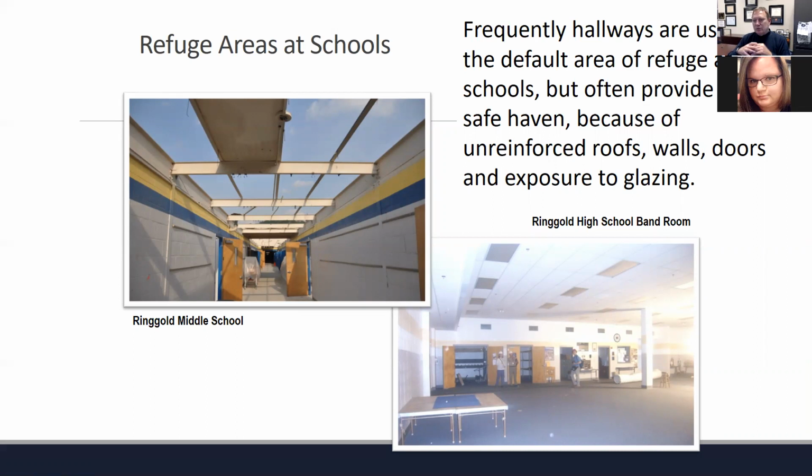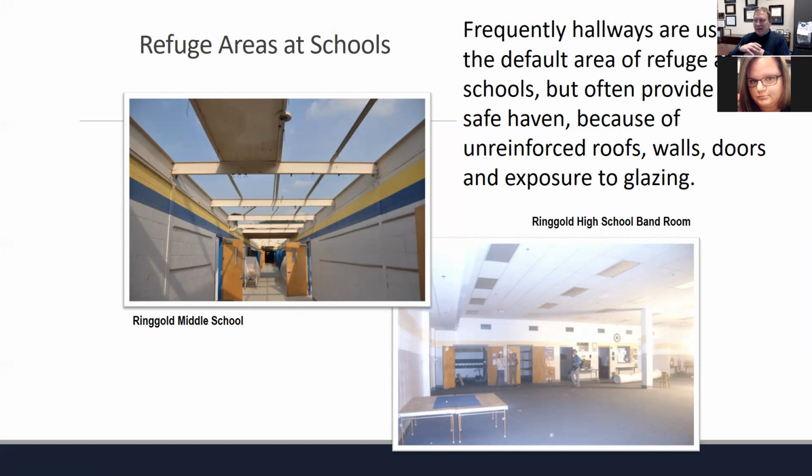So between the exposure to windows, those projectiles, and exposure to all of this construction material that's going to be pulled off because it's not well secured. Again, fortunately, there was nobody in this hallway, but that would have been the typical place we would have told people, and that would normally be the safest place to go.